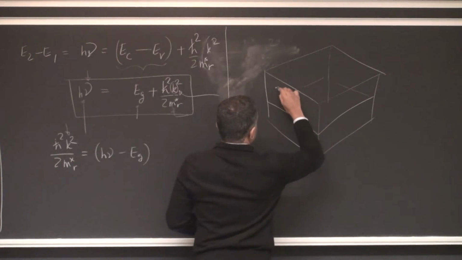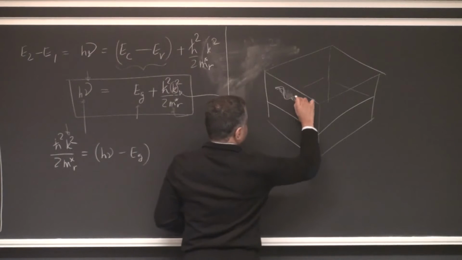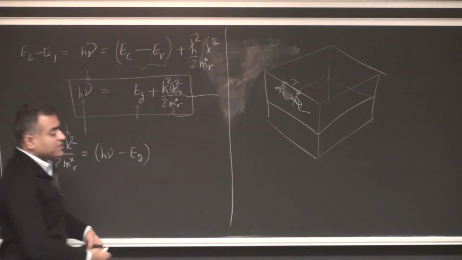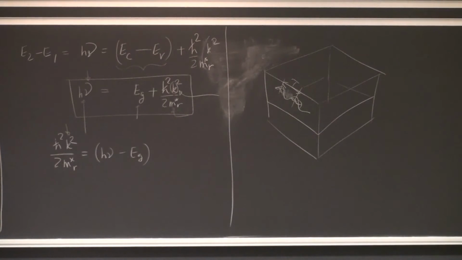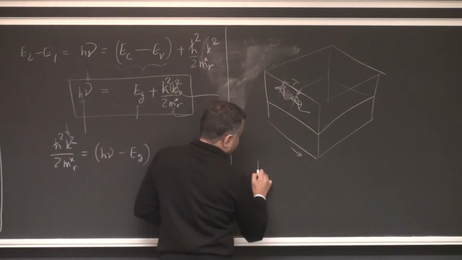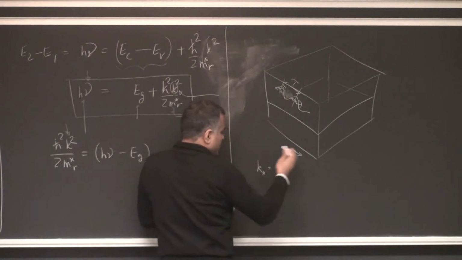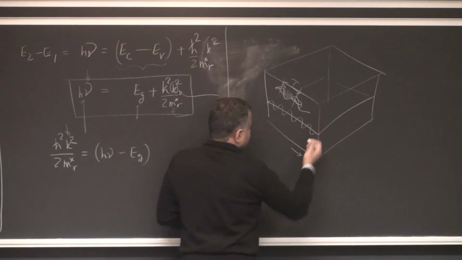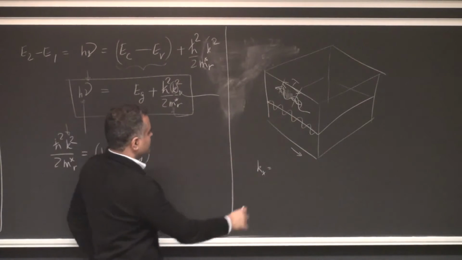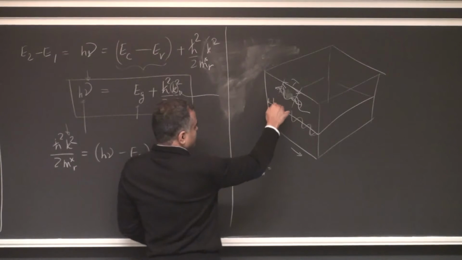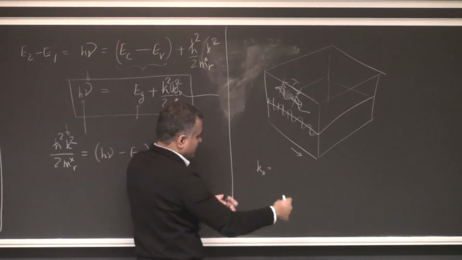We know that the electron also has a wavelength, and the wavelengths have to fit inside that box again. So we do the same sort of discrete grid. Moving along X, the electron Kx must follow the relation that an integer number of half wavelengths must fit inside that box along the X direction.